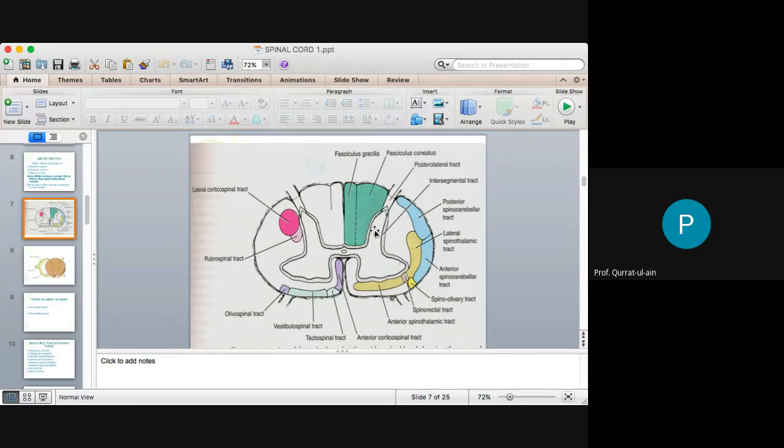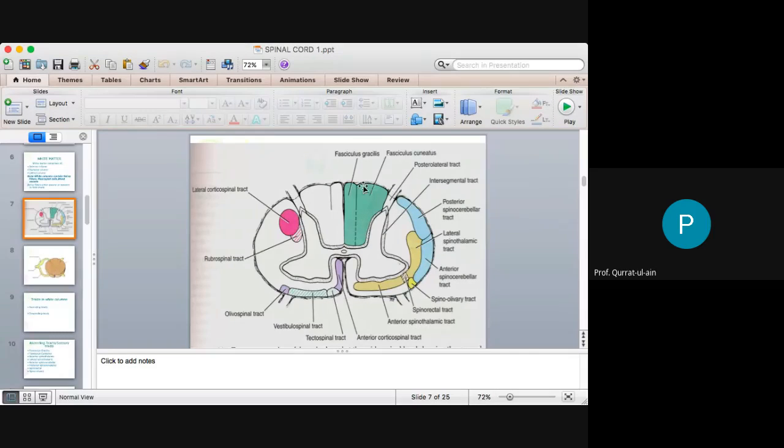This is the posterior white column. This is the lateral white column. This is the point where the motor nerve root is leaving, and this is where the sensory nerve root is entering. Between the sensory and motor nerve roots is the lateral white column, and this is the anterior white column.